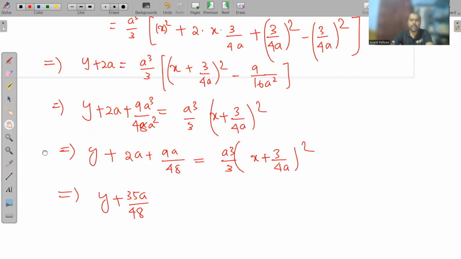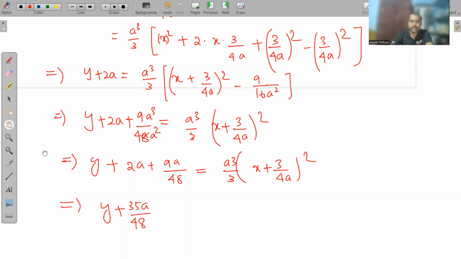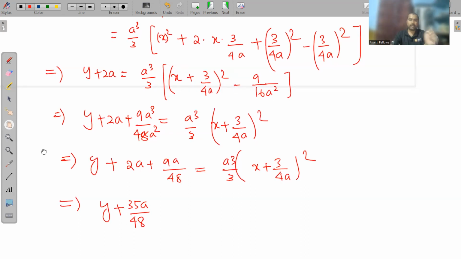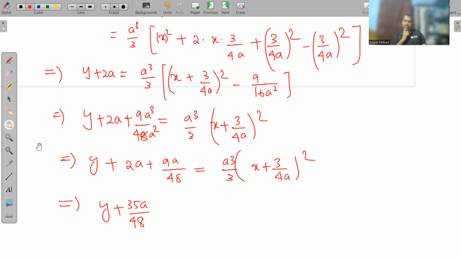I think we made some calculation mistake. 3 by 4a whole square is becoming 9 by 16a square. So 9 by 16a square will be multiplied with a cube by 3.